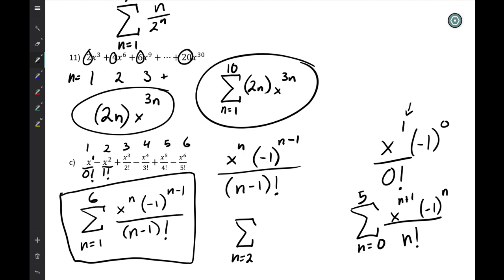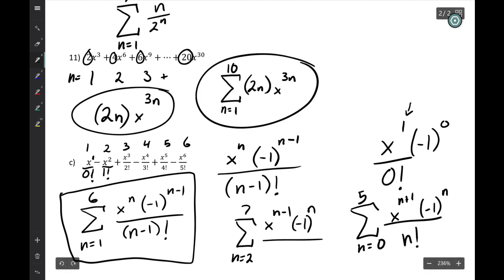Well, to generate this sequence with n equals 2, I'm going to go up to 7 to get my 5 terms. So I got n equals 2. Well, I need to do x to the n minus 1 to get that one right. And then the -1 to the n would work out with my alternating positives and negatives there.